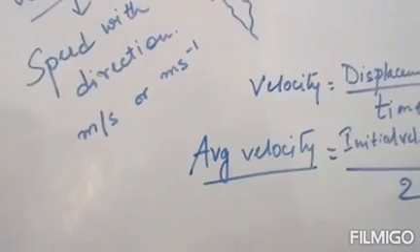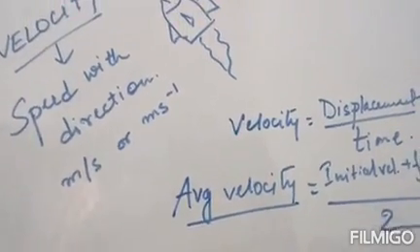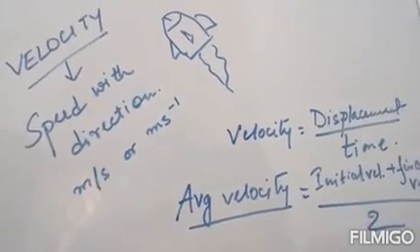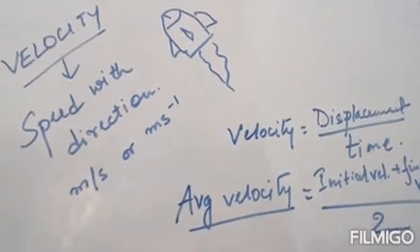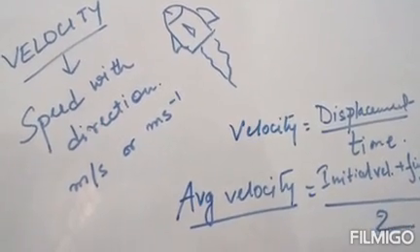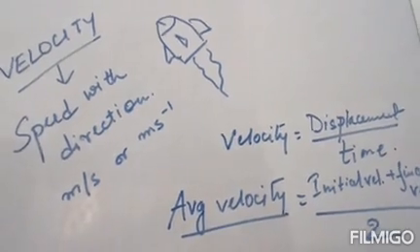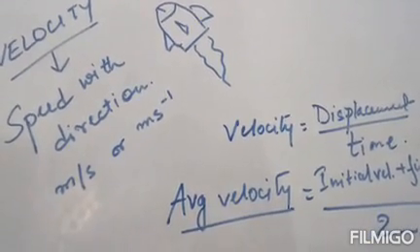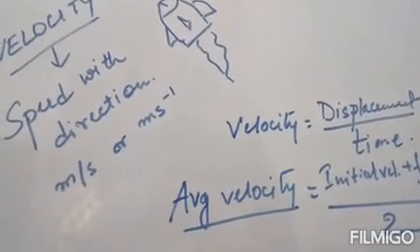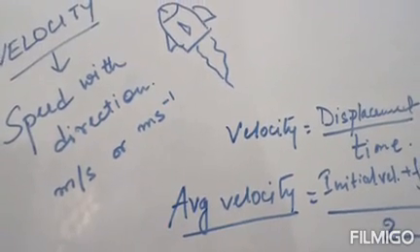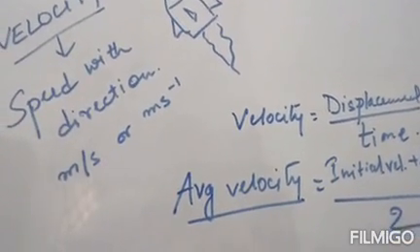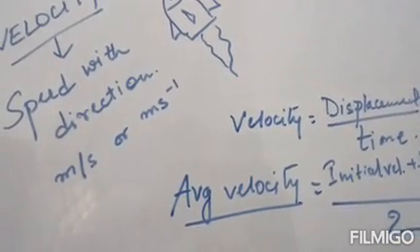Now when can we say that velocity is varying? We can say velocity is not constant only if it is changing its direction or the time duration is changing.